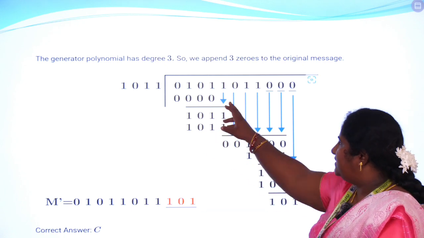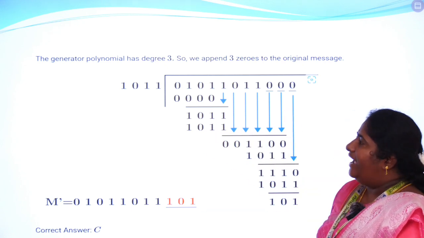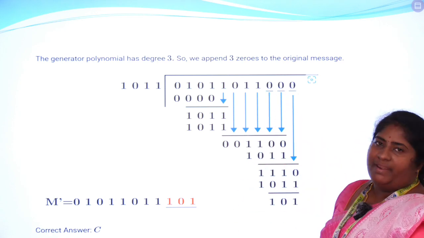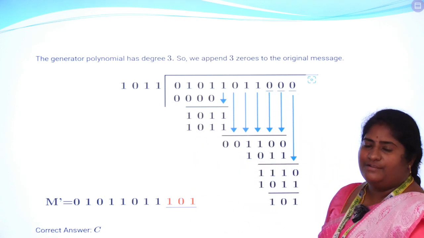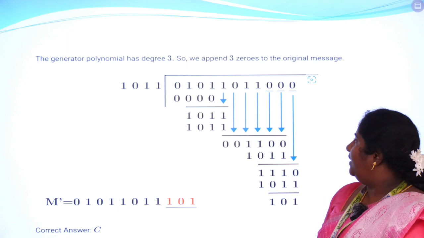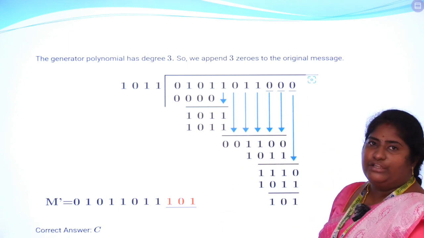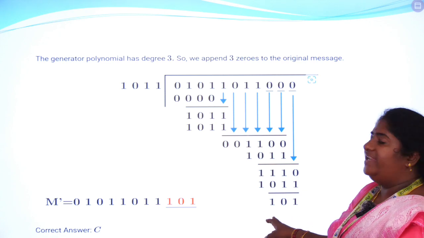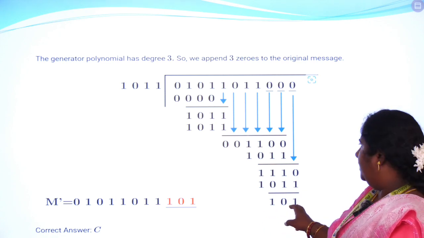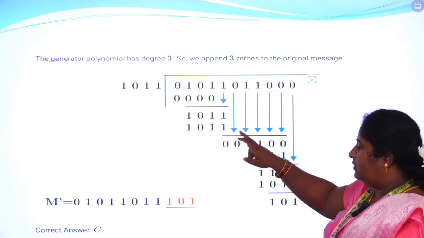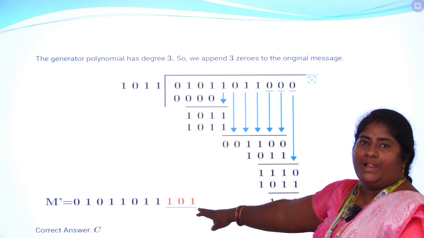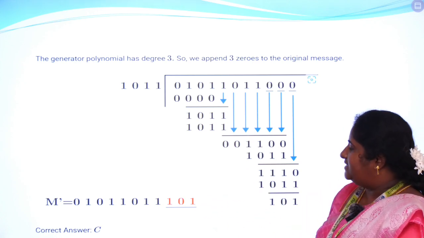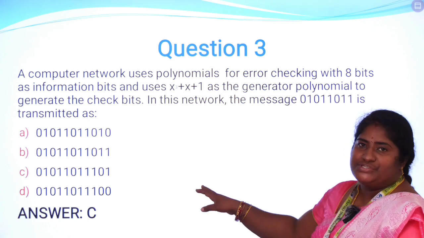The message is taken as such and you have to append 3 zeros because the key length is 4, so 4 minus 1, 3 zeros are added at the end of the message. After the division you have the remainder 101. So instead of the 3 zeros we will add 101 for transmission. Then the right answer will be option C.